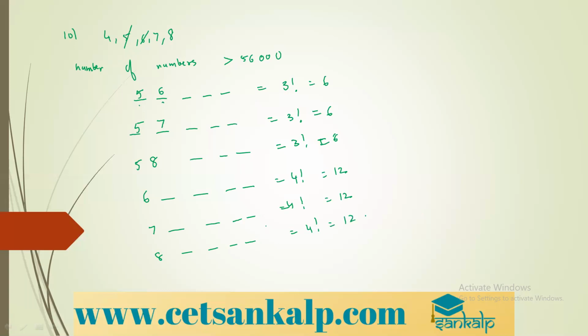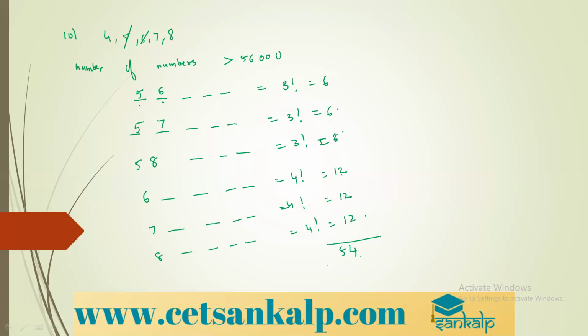All these numbers which I have discussed are greater than 56,000. So when you add up, 18 plus 72 is 90 numbers are there which are formed greater than 56,000.